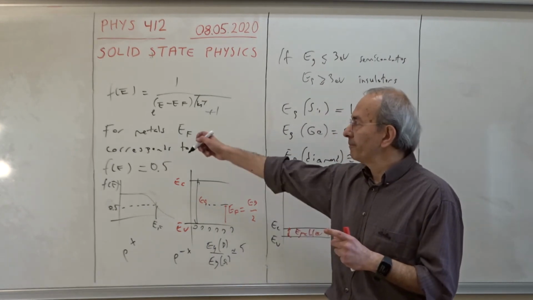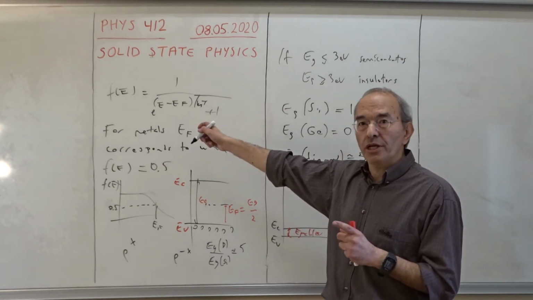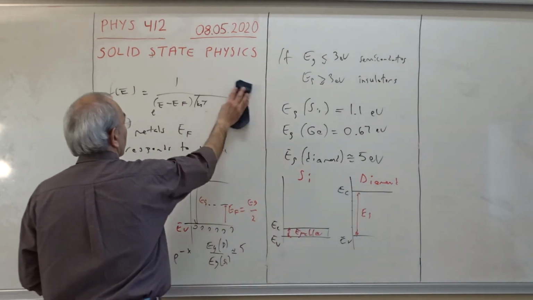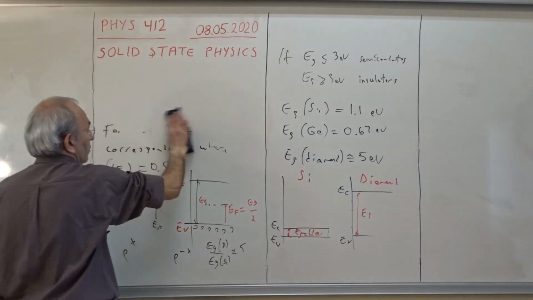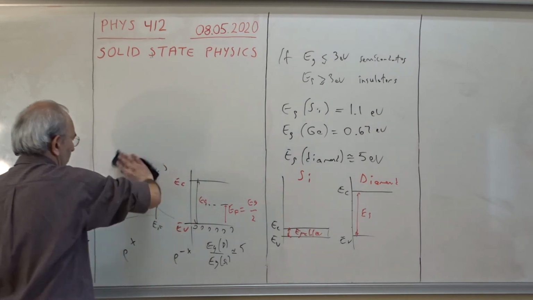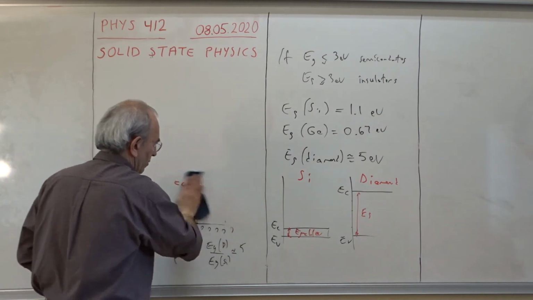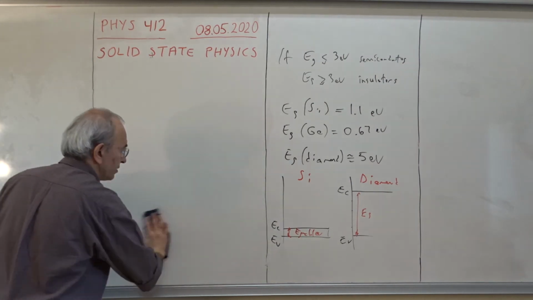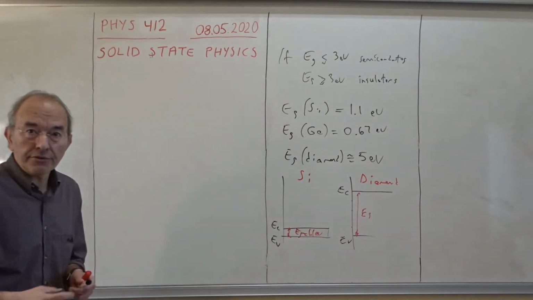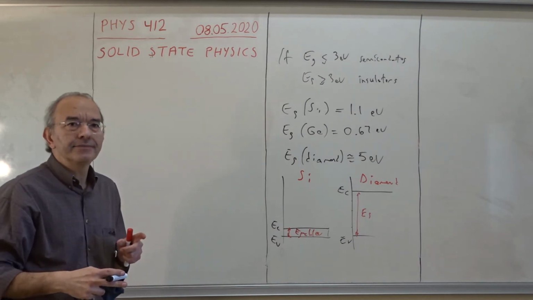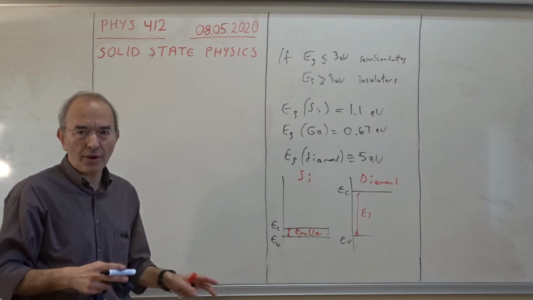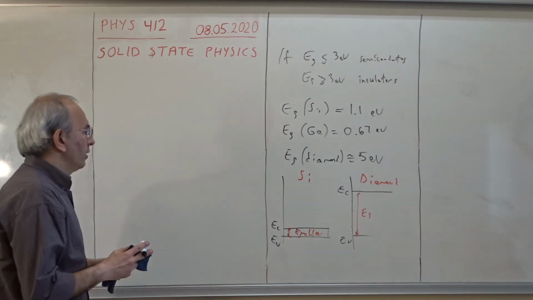Why? Because we have an exponential function. We will see when we get the real numbers for these n's, the concentrations, we see it in a better way. Not now.